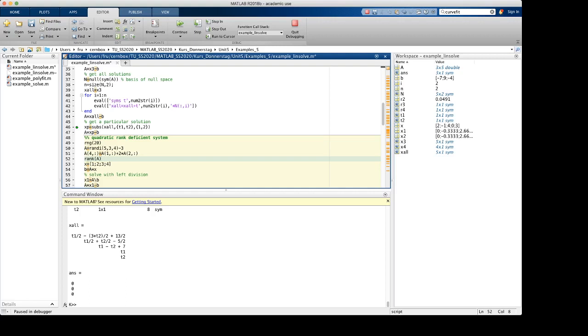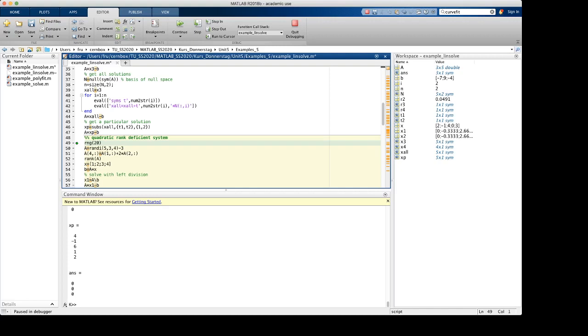Let's call it xp. So I substitute 1 for t1 and 2 for t2, and we get a particular solution, which is this one. And let's check. Again, we get exactly 0. So in this way, we get all solutions of this linear system, rectangular system of full rank.